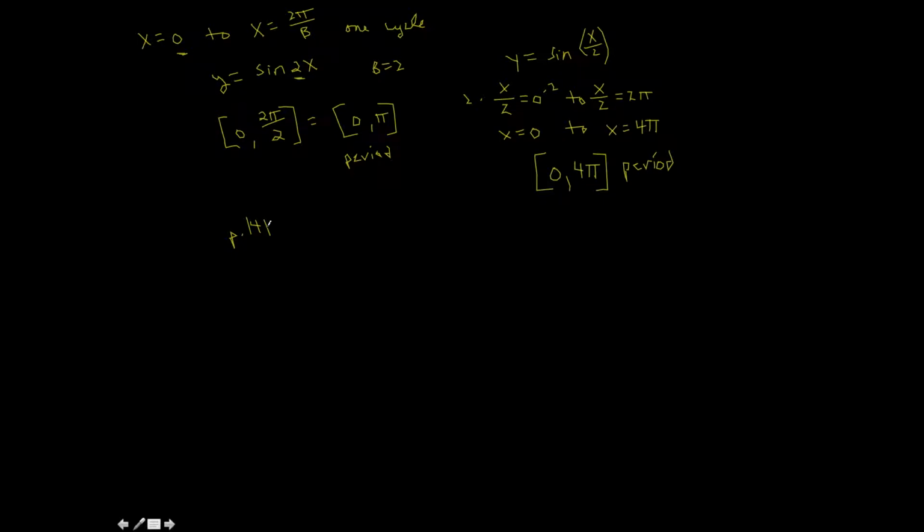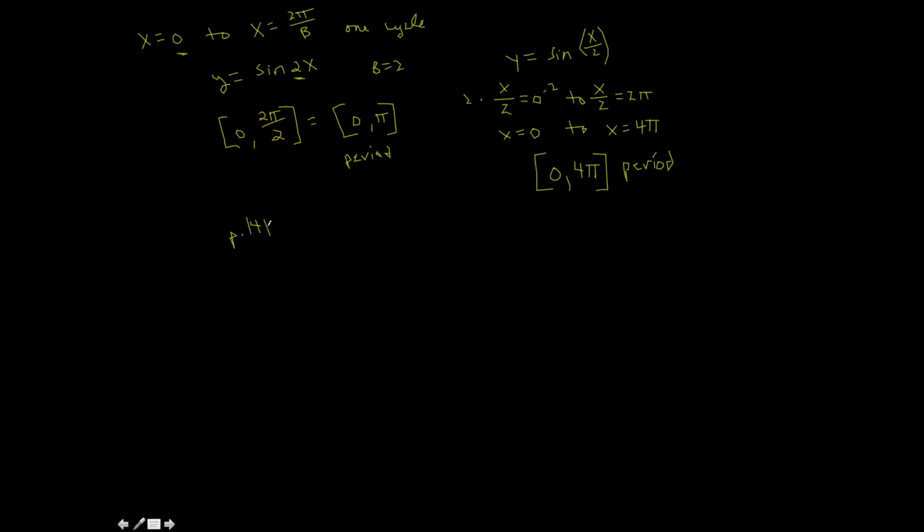So if you notice, y equals sine 2x shrunk the period to 0 to pi. You see the normal y equals sine x, and y equals sine of x over 2 lengthened our period. It stretched it out to 4 pi. So you see what it does to the graph. It either shrinks it up, or it stretches it out, depending on whether it's growing our period or shrinking our period. Page 141 has an awesome depiction of that.